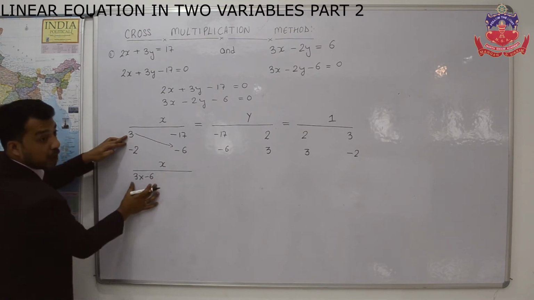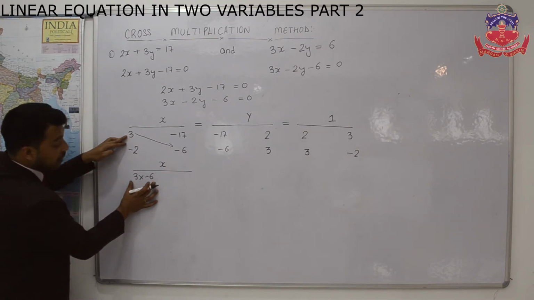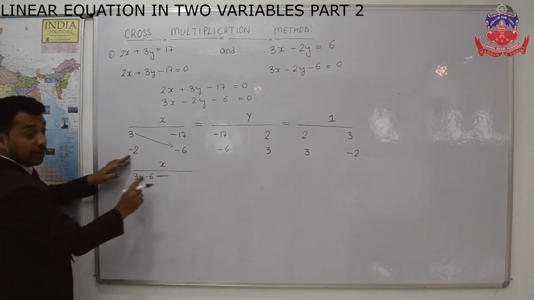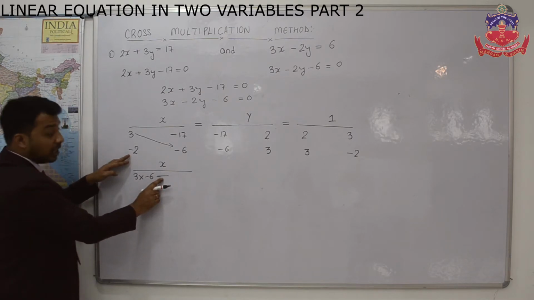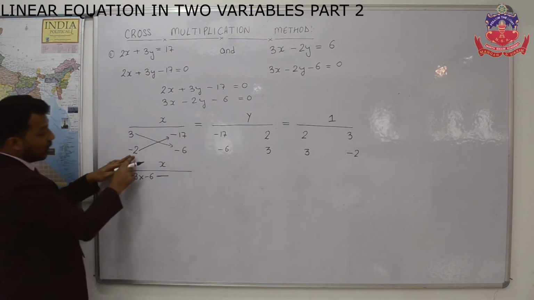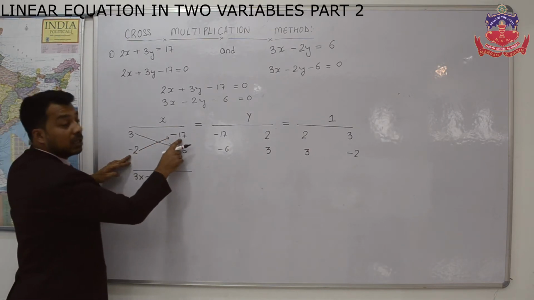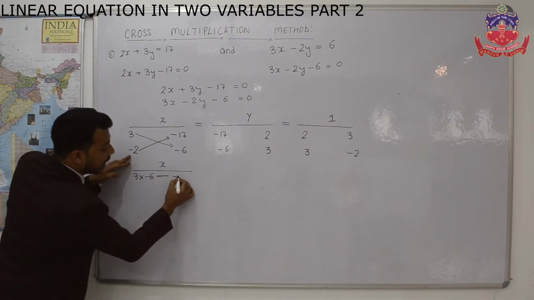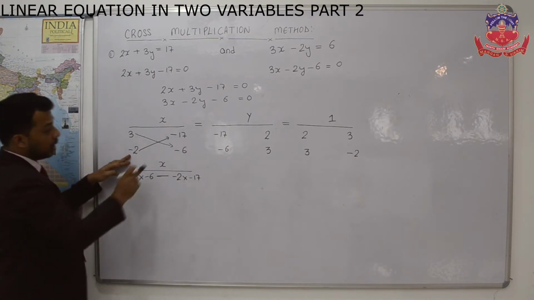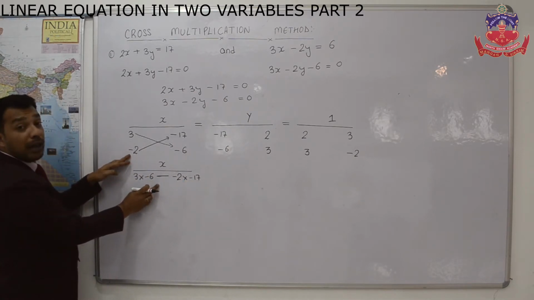So this is your first part. Once you have multiplied the first part, you will put a bigger minus sign, I mean to say. After you have put the minus sign, you will multiply the left number with the right one, that is minus 2 with minus 17. So it comes as minus 2 into minus 17. This is how you multiply for x.